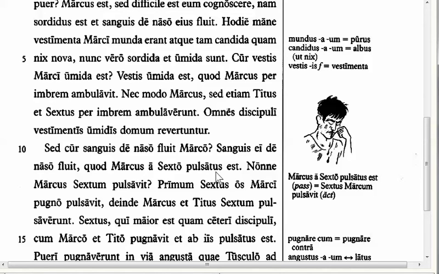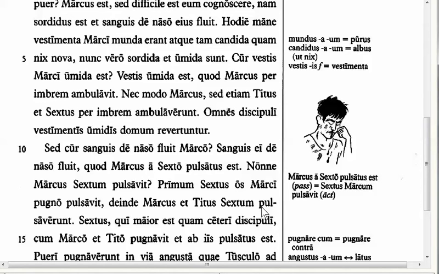The next feature that I want to point out is in line 13, and that is where we have: primum Sextus os Marci pugno pulsavit, deinde Marcus et Titus Sextum pulsaverunt. So pulsaverunt, we see, is a third person plural perfect active indicative from pulsare.